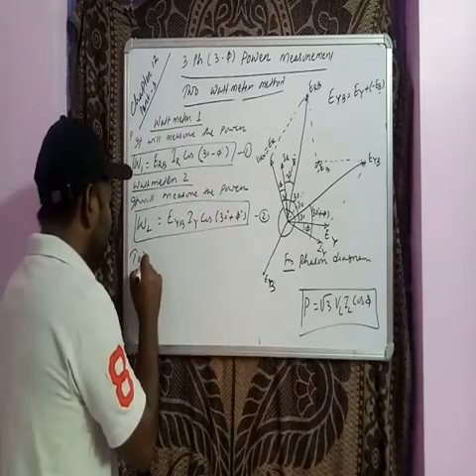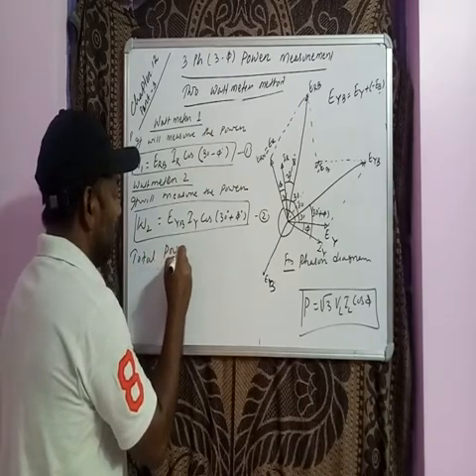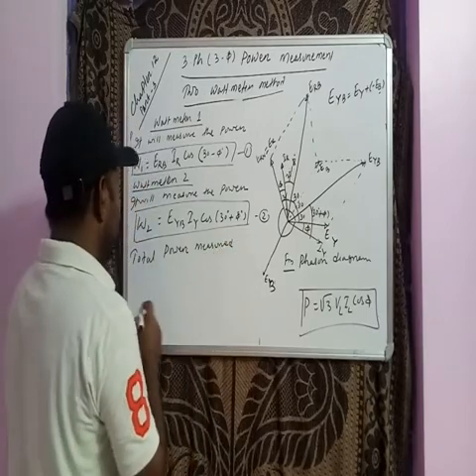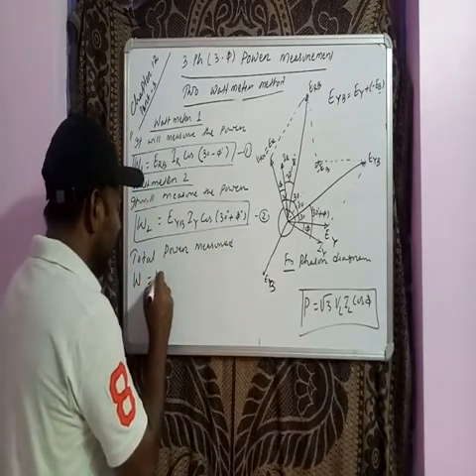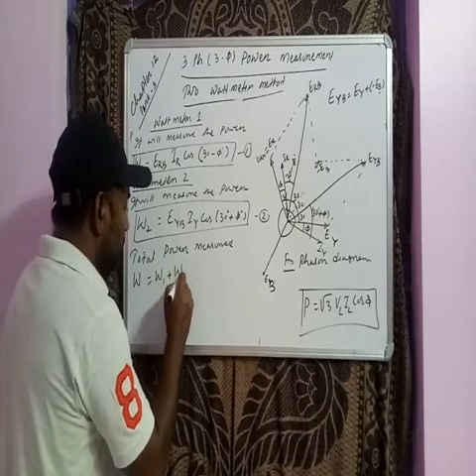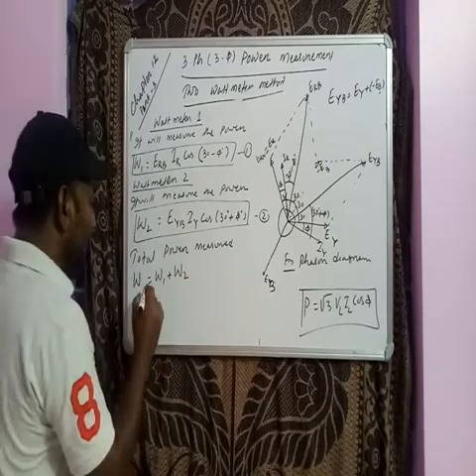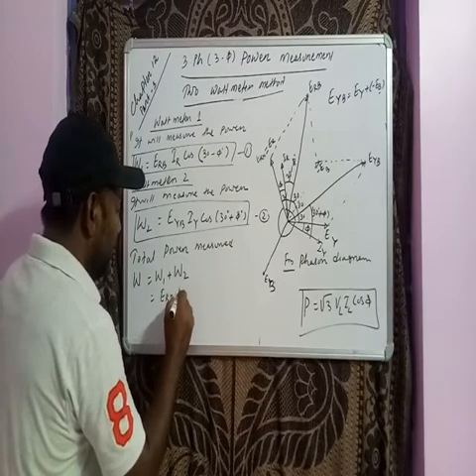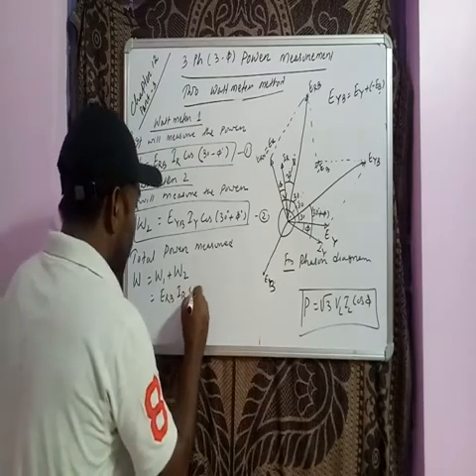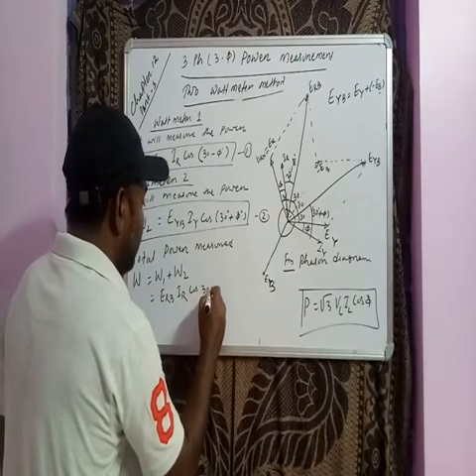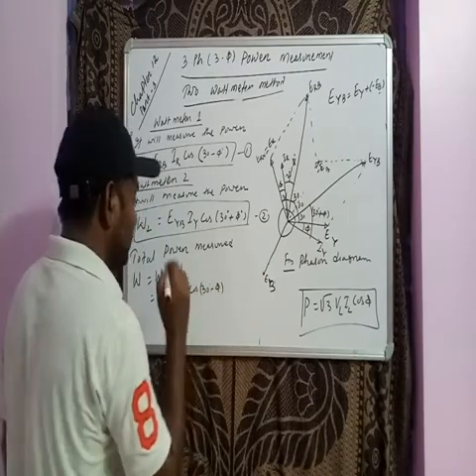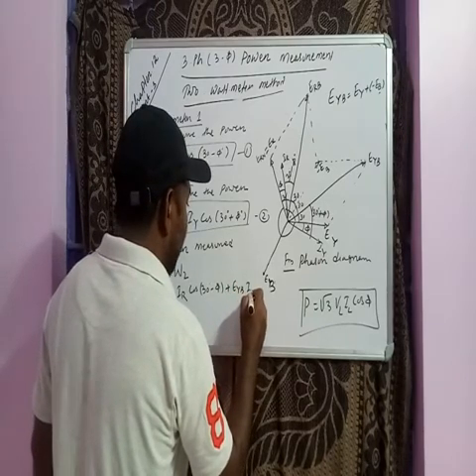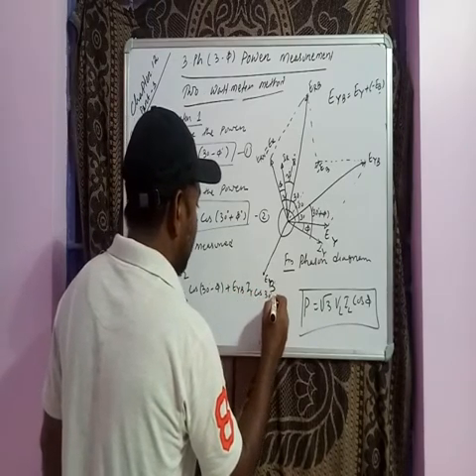Now total power measured, W is equal to what? W1 plus W2. Now W1, I may write it is ERB into IR cos 30 degree minus phi plus EYB into IY cos 30 degree plus phi.